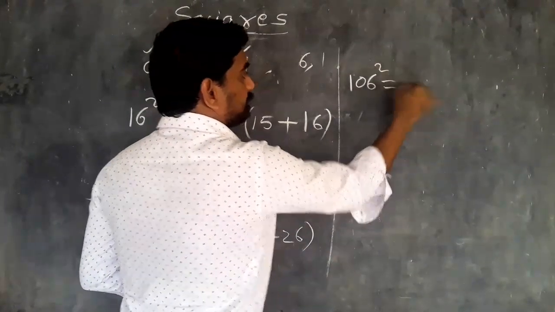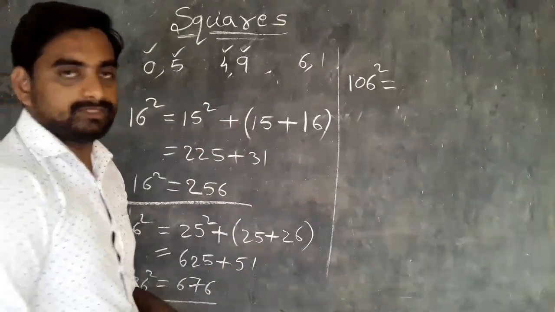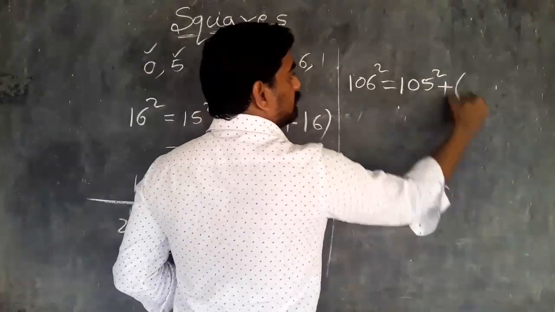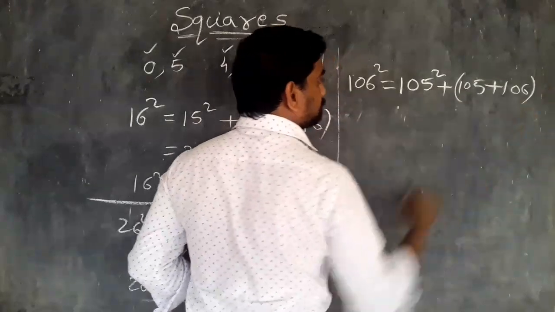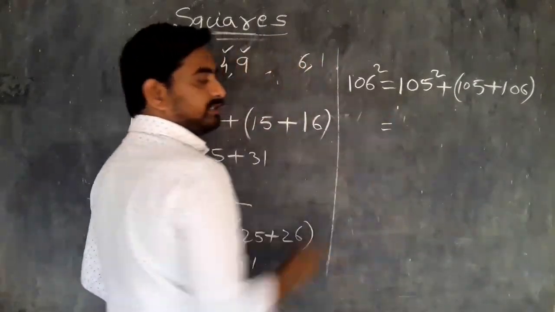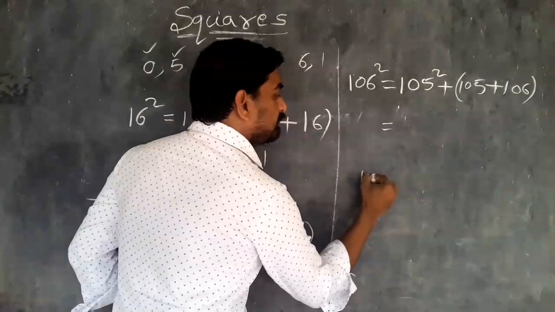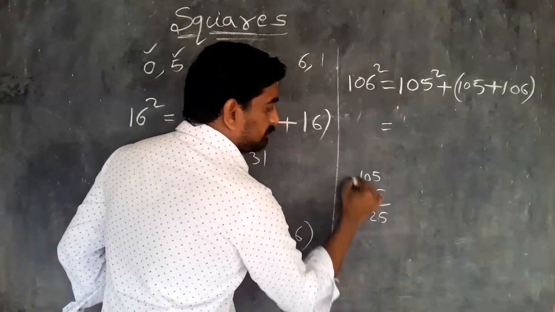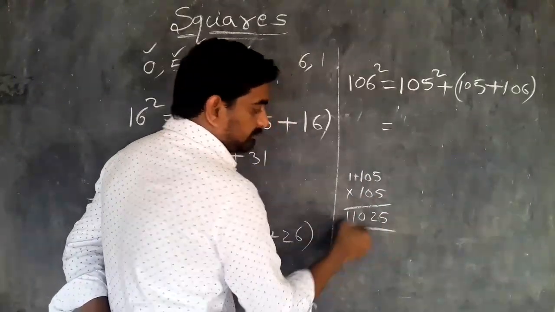So see another number, a big number, now a triple digit number. 106 square. The nearest 5 ending number is 105. So 105 square plus 105 plus 106. 105 square, we already did for 5 ending numbers, again I will do it for you: 5 5 is 25, we add plus 1, so 11, 11 10 is 110.